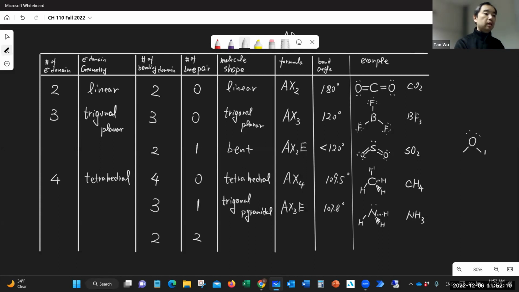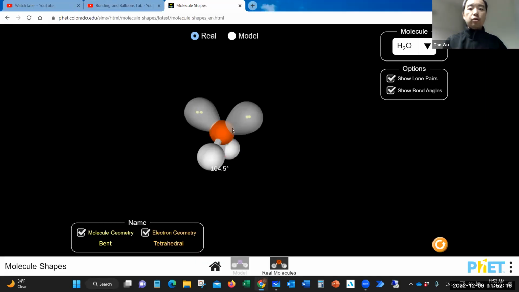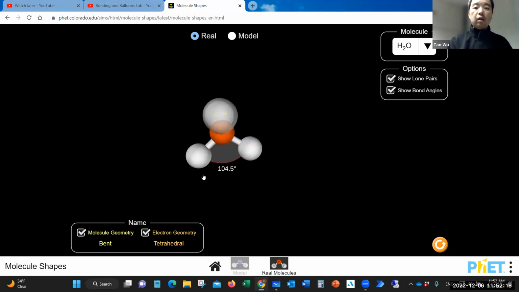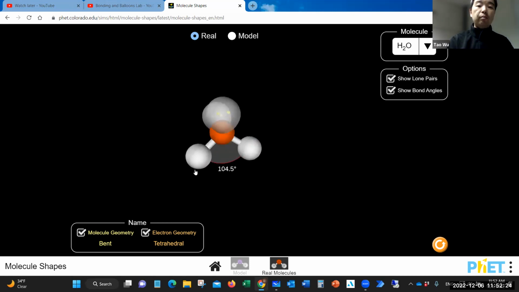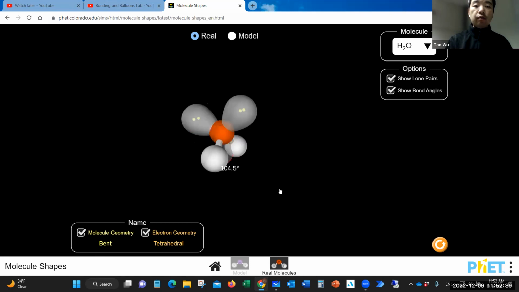Now, since the 2 lone pairs are invisible, you cannot see them, so the molecule is in 2D. It's not 3D anymore. Then this shape is just a bent shape, a 2D bent shape instead of 3D.